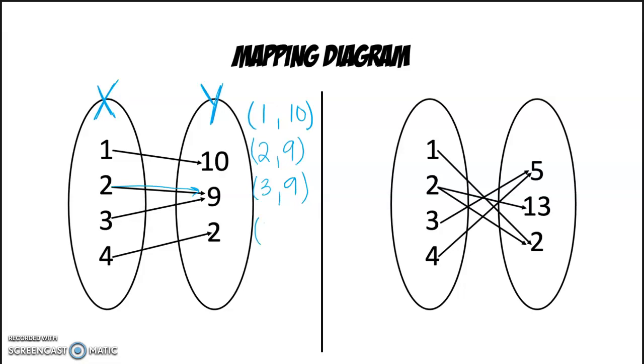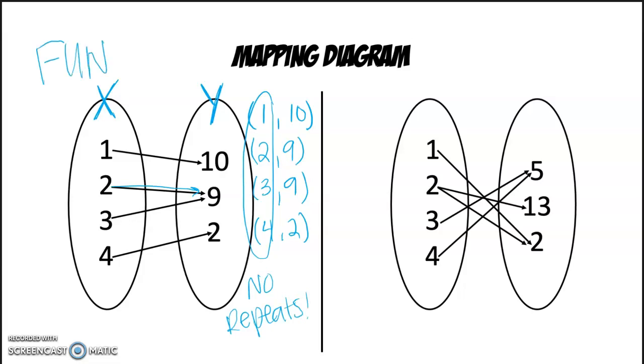And 4 goes with 2. All right, so in these ordered pairs, I've got 4 lines, 4 ordered pairs. I'm only focusing on my x values. I don't see any repeating x values. So that tells me that this is going to be a function.